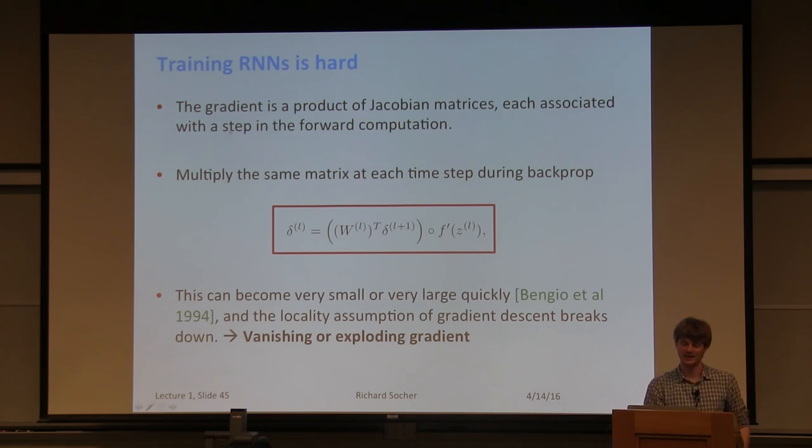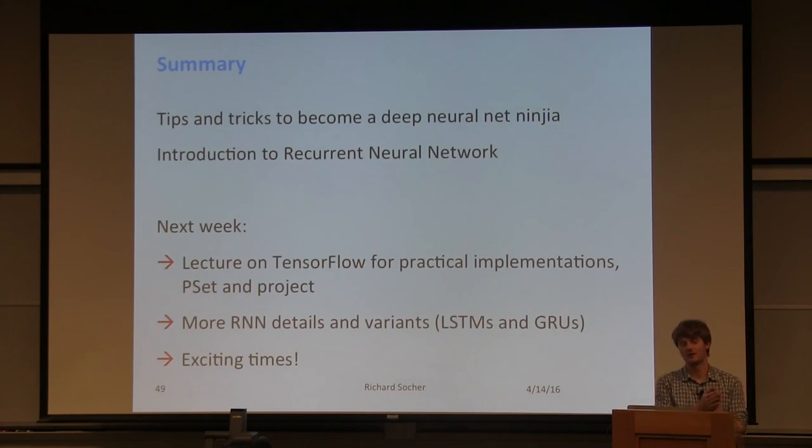But because of having the same exact W at each time step during backpropagation, you may also have exploding gradient problems. We'll get to exactly what this means in next week's lecture, but I wanted to make sure you now have most of the important tips and tricks to really train something in practice.